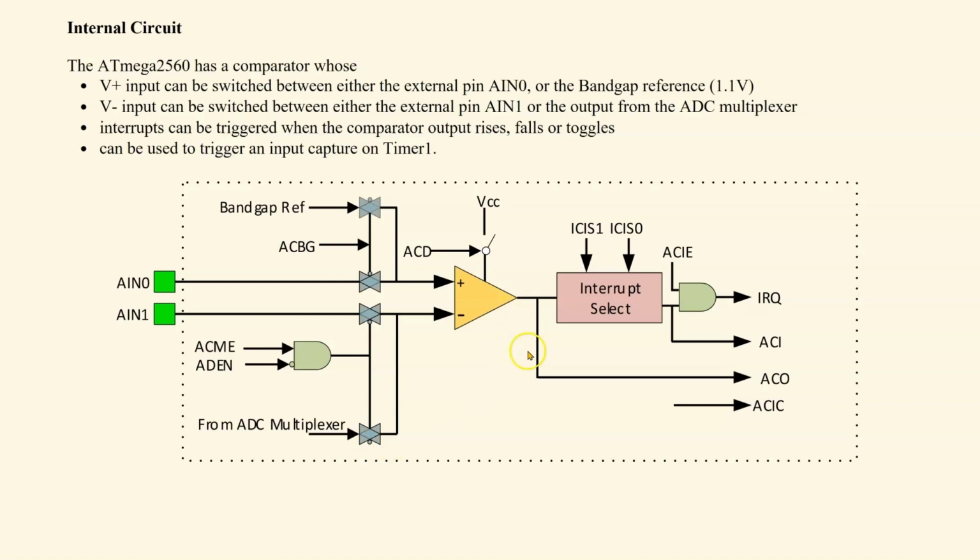The output will appear on AC0. The interrupts can be used, and they can be selected for a rising, falling, or toggling output on the comparator. And finally, we can use the comparator to trigger an input capture on timer 1.